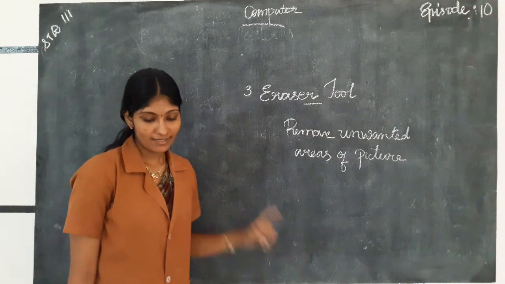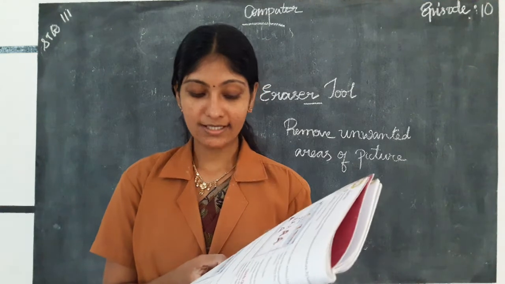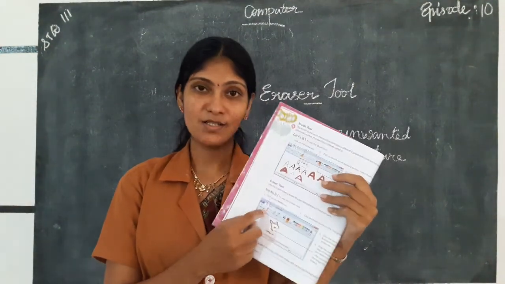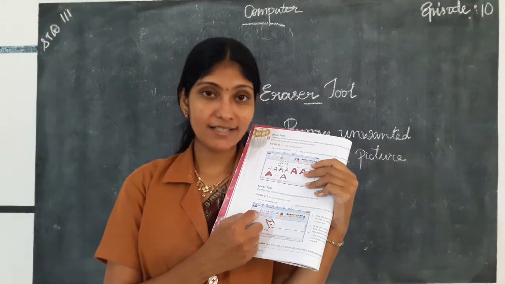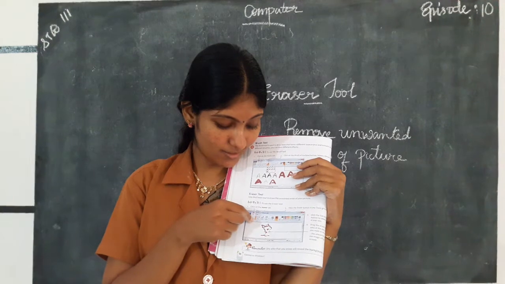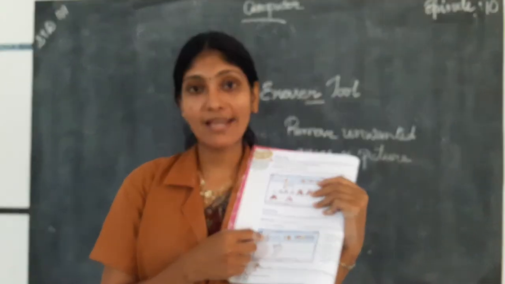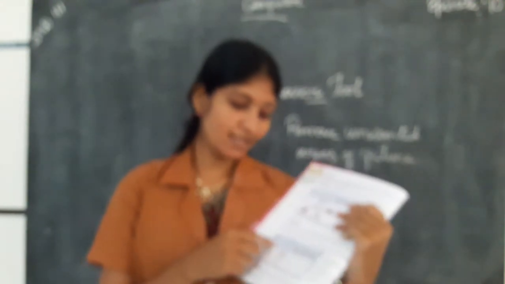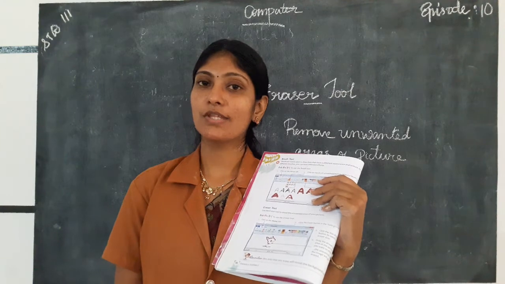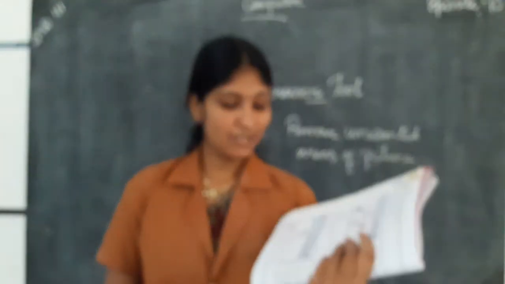So there we can see the eraser tool. Look at the picture, page number 54. Below the pencil tool we can see the eraser tool. It looks like an eraser. We use it to erase or remove the unwanted areas or parts of your picture.